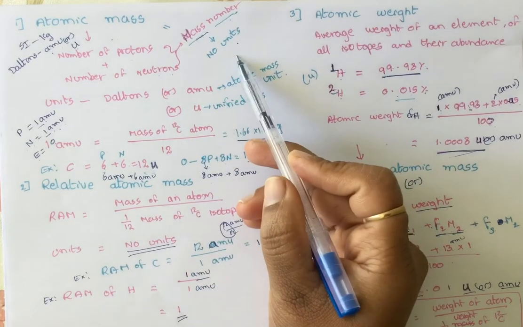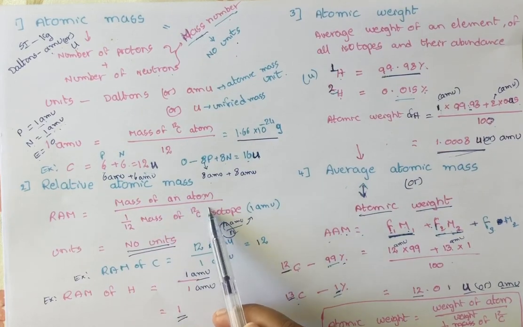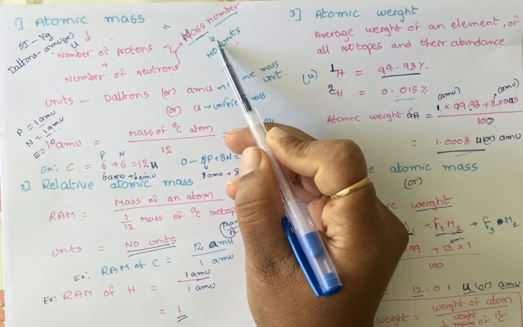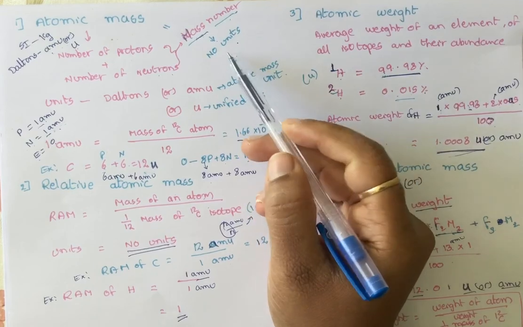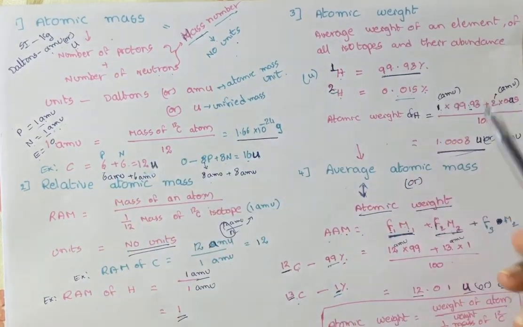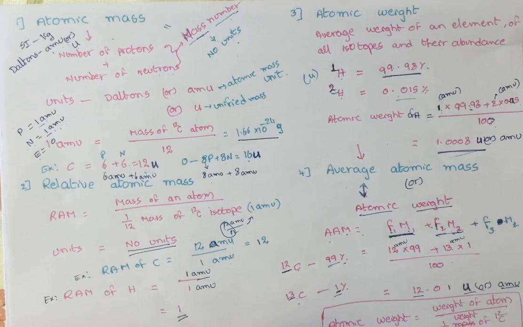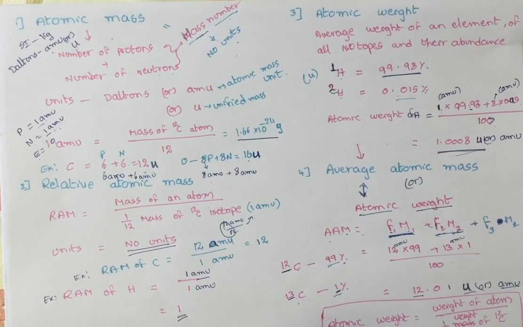Except for mass number, which has no units because it's just a count of protons and neutrons, and relative atomic mass, which has no units because it's a ratio. Whereas atomic mass, atomic weight and average atomic mass all have units. In general, the units we use are unified mass or atomic mass units.